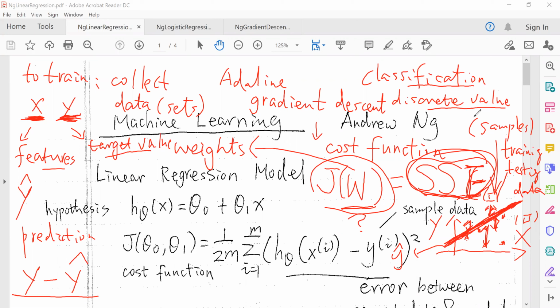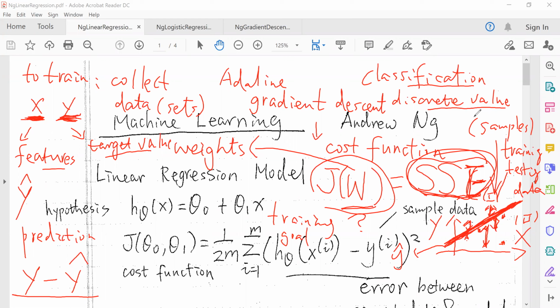And with that, what is the goal for Adaline training? The training goal. What is the training goal? To converge and to be more accurate.